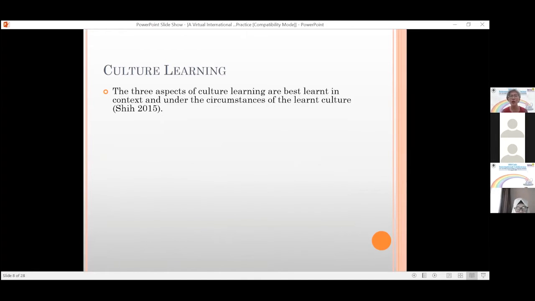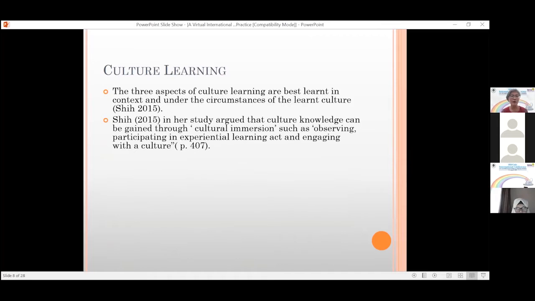So theory alone in the classroom is not enough. And she, 2015, in her study, argued that cultural knowledge can be gained through cultural immersion, such as observing, participating in experiential learning, and engaging with a culture.